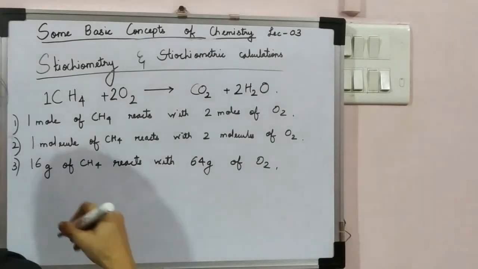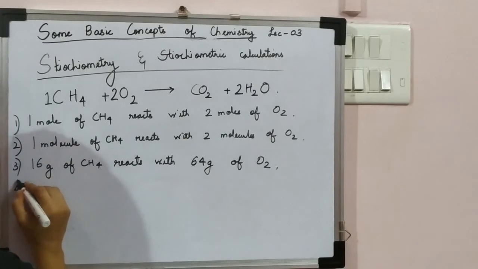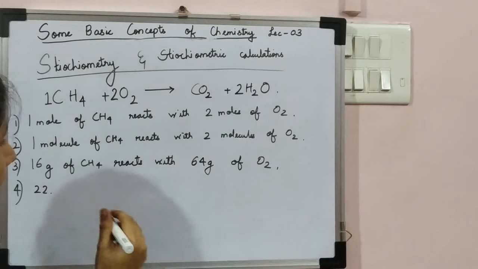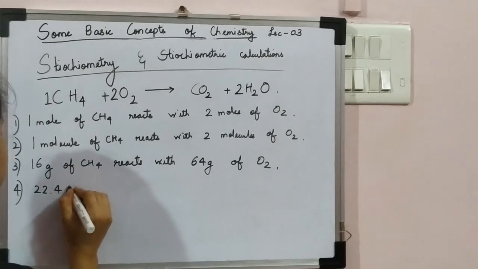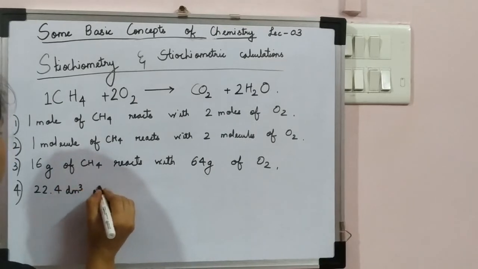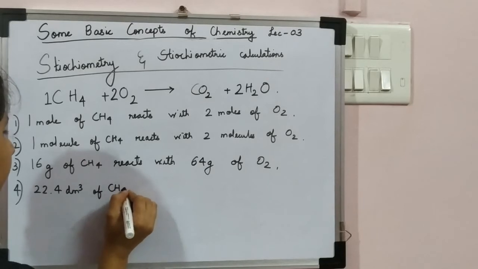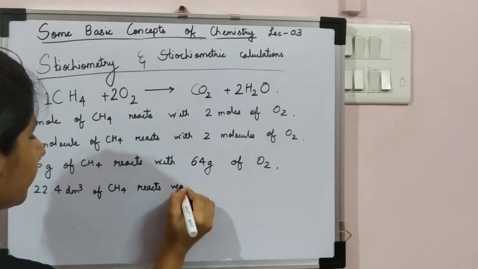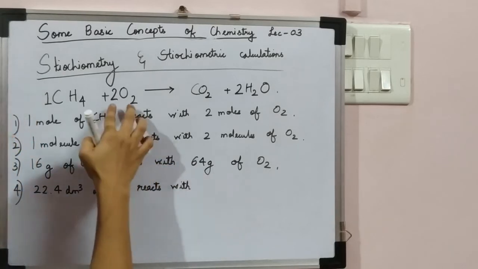So the fourth statement that I'll make is in terms of volume. Okay, so at STP, 22.4 decimeter cube of CH4 methane reacts with, now how much is the volume? 2 times.